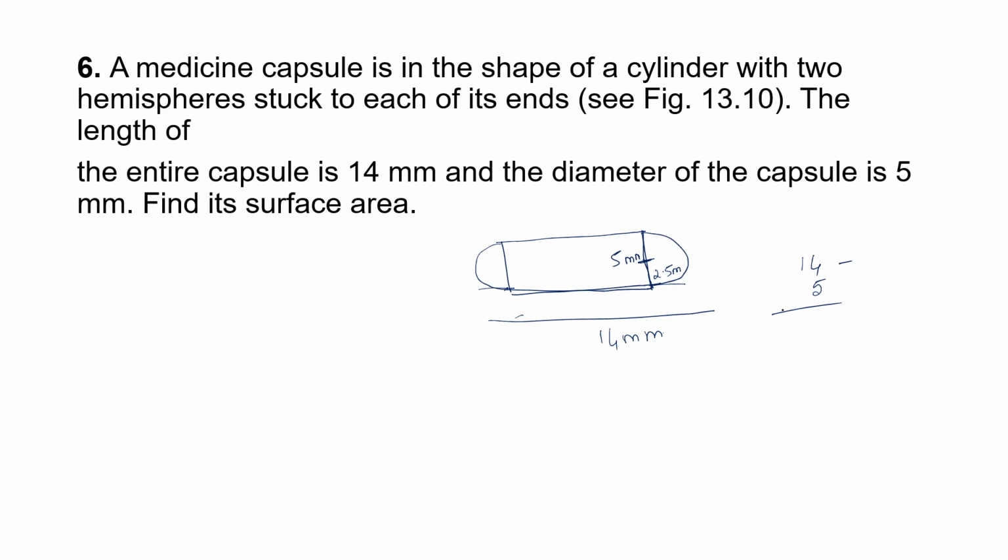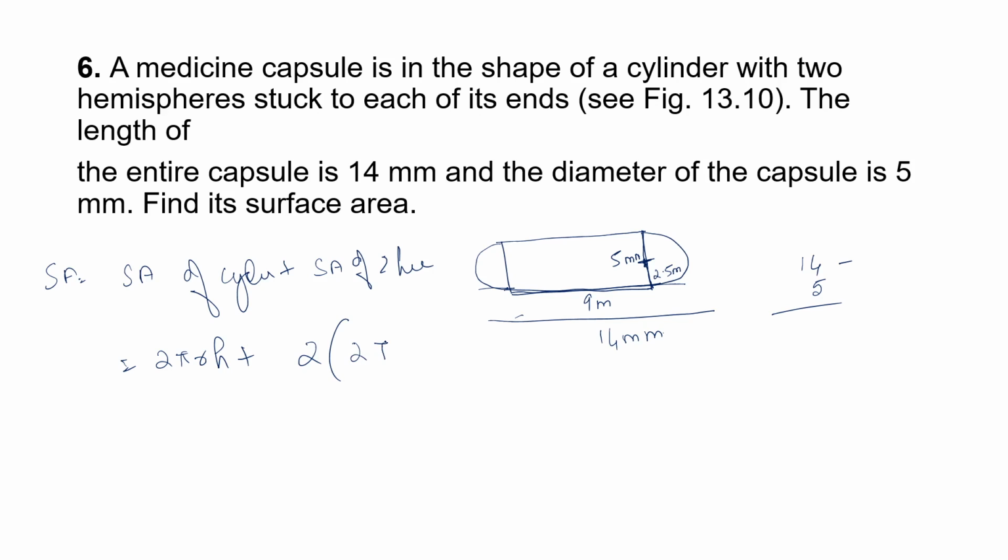9 millimeter will be the length, or height, of the cylinder, and the radius will be this one. So we have to find the surface area. So it is surface area of cylinder plus surface area of two hemispheres. Cylinder is 2 pi r h plus two hemispheres, so we take 2 into 2 pi r square.